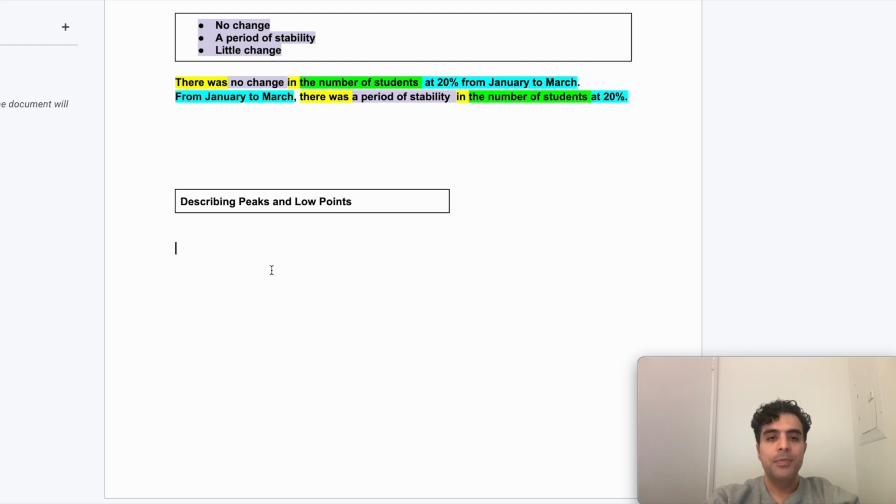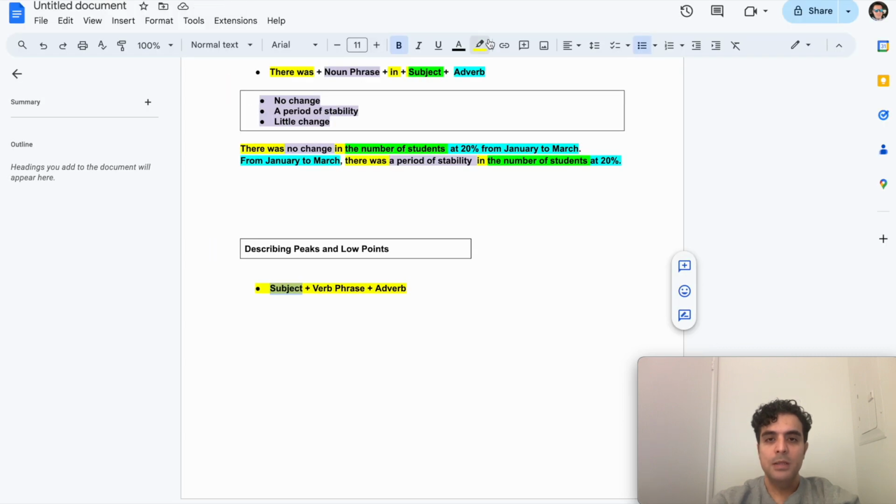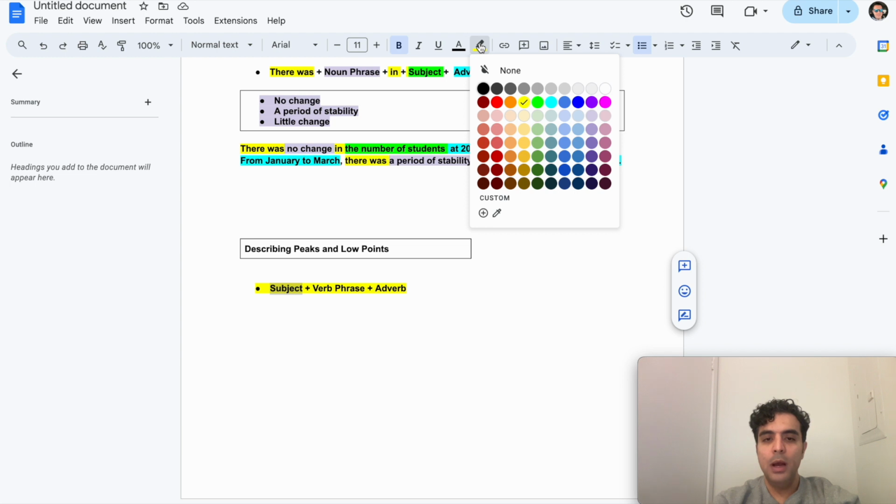Let me show you. So, for example, we start with the subject one more time. And then we have a verb phrase. And then finally we have an adverb. We covered this already, right? But I want to get the color coding right, because it's very helpful if you learn through this color coding system.